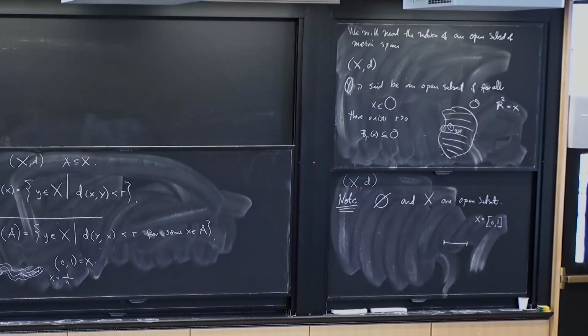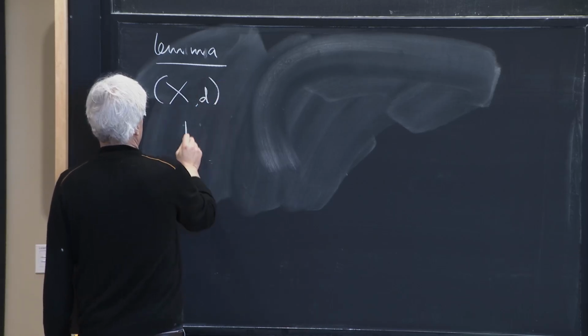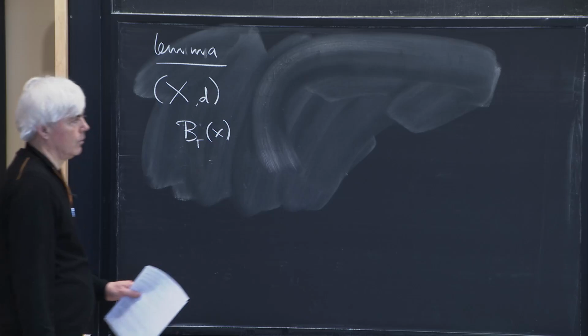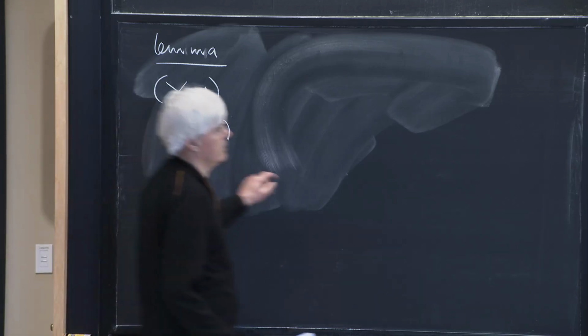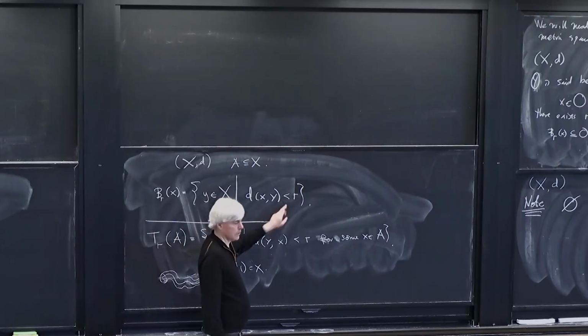So a more interesting example is that if you take a metric space and you take a ball, and now it's crucial how we define the ball. It's crucial that this inequality is strict, okay?